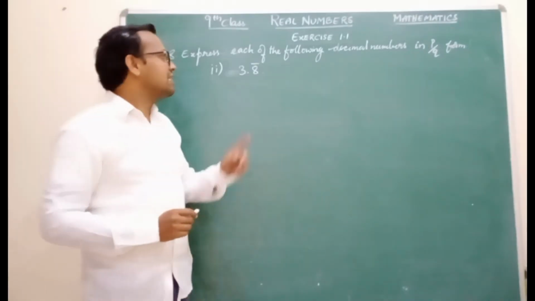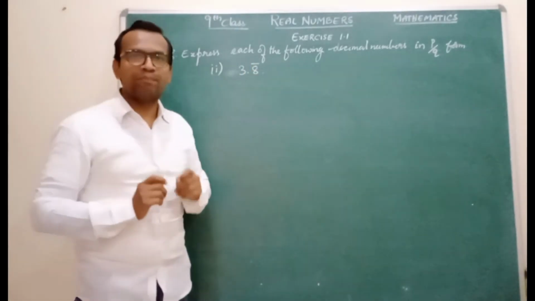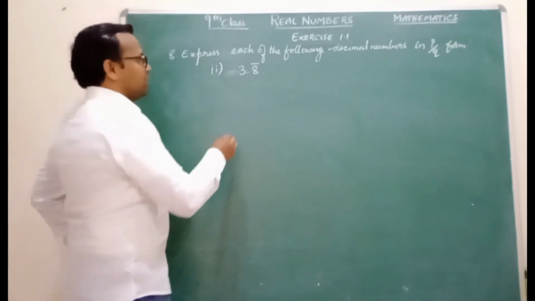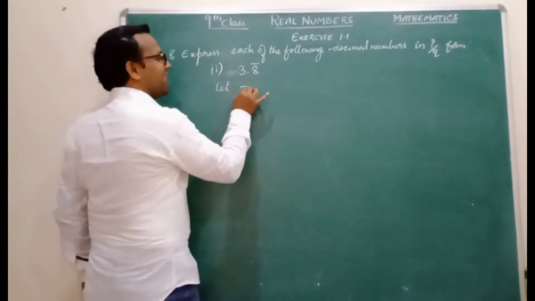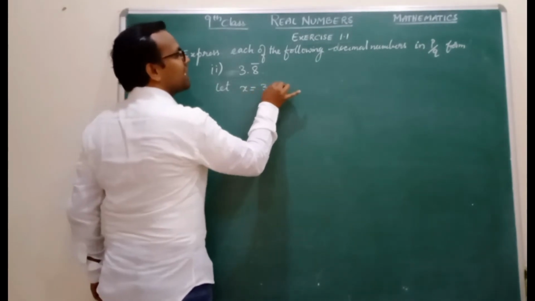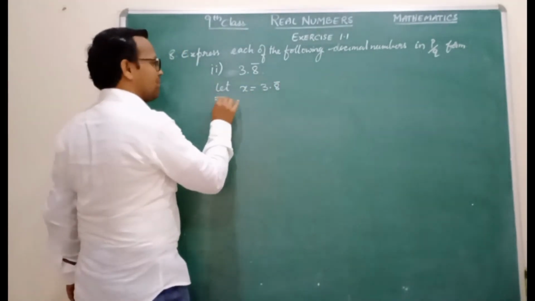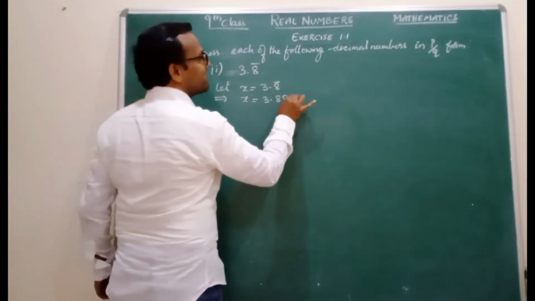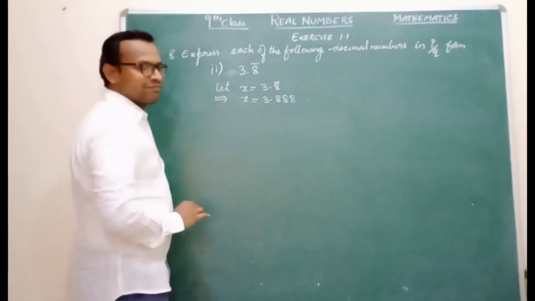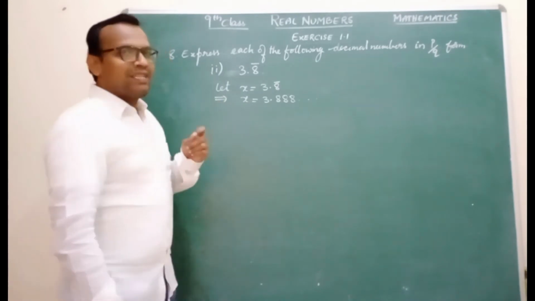The second one is 3.8 bar. Okay. Now, what is the first step? Yes. Let x is equal to 3.8 bar, which is nothing but x is equal to 3.888 and so on. Now, what is next step?